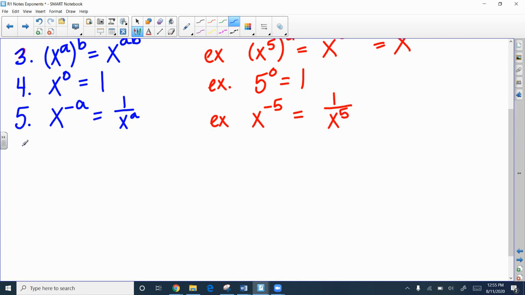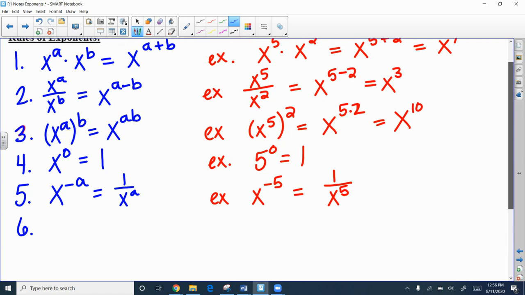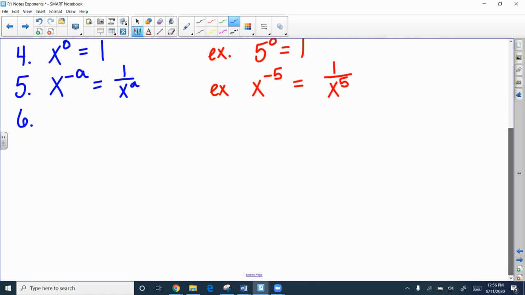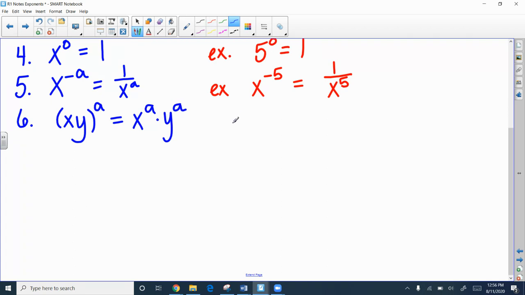All right, and then we have 2 more rules that apply if we have 2 different bases. The rules we saw so far only have one base of x. Now, if there are 2 different bases that are multiplied, like xy to the a power, the rule for this is we have to raise everything in the parentheses to the power. So this would be x to the a times y to the a. They'd still be multiplied, but they would both be to the a power.